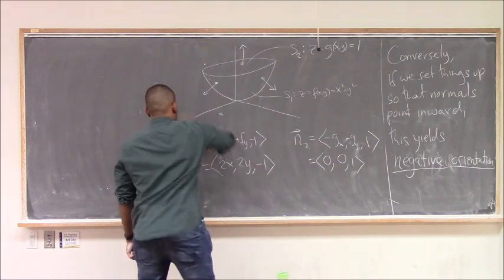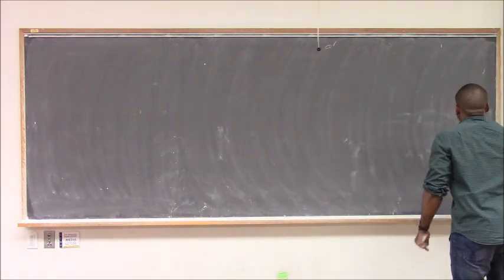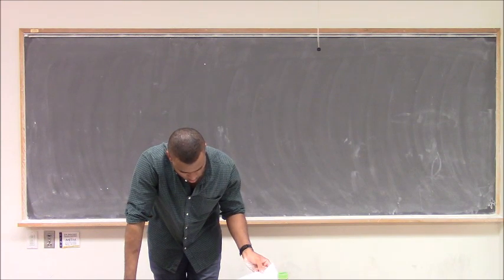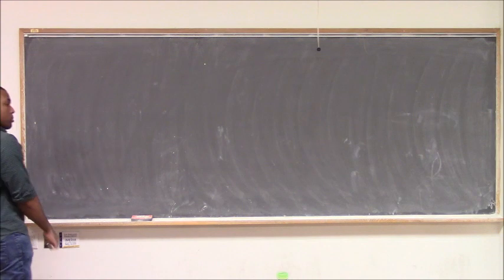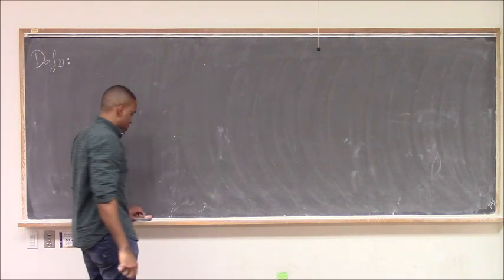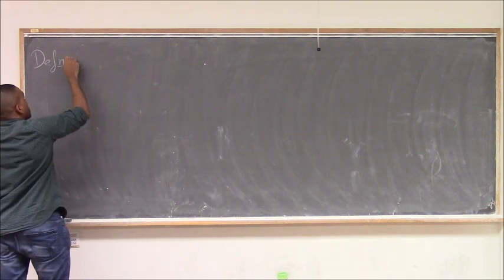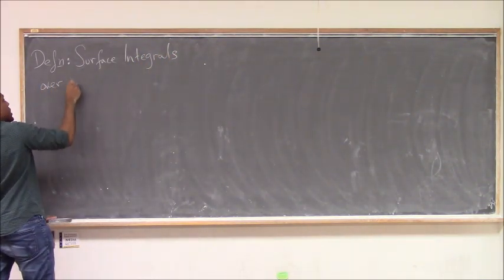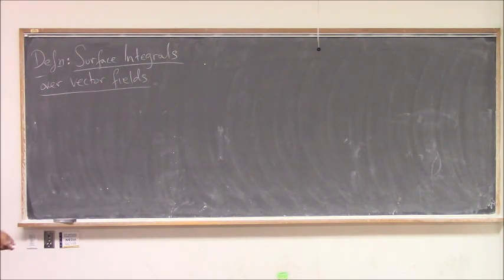We'll talk more about how the right-hand rule affects things when we get to Stokes' theorem, where that will come in handy. So I'm doing the definition now, of surface integrals over vector fields, which will be different from surface integrals over scalar fields.